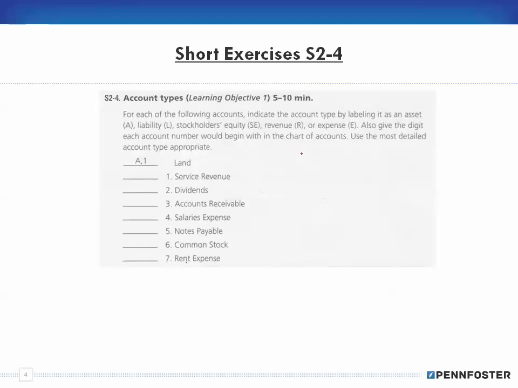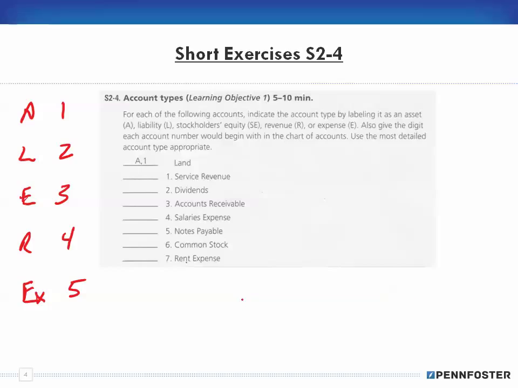So if you recall from the theory videos, we have assets, liabilities, equity, revenue, and expense. And the numbering of the ledger accounts follows that order. All assets begin with a 1, liabilities begin with a 2, equity begins with a 3, revenue begins with a 4, and expense begins with a 5, regardless of the numbering scheme.